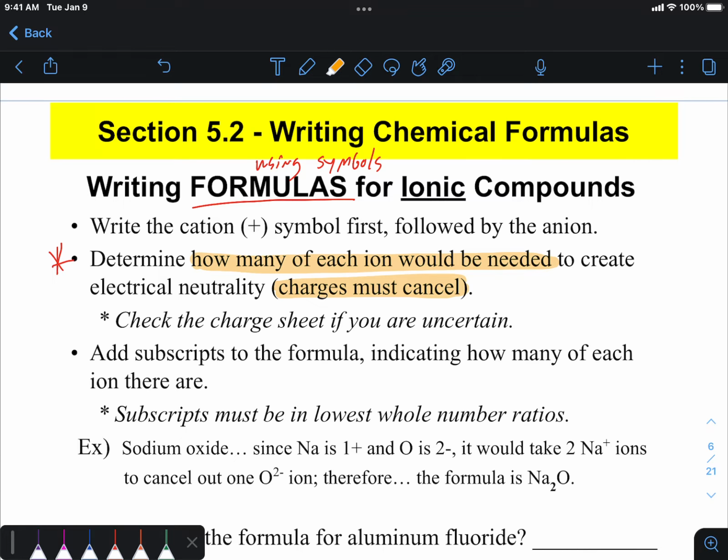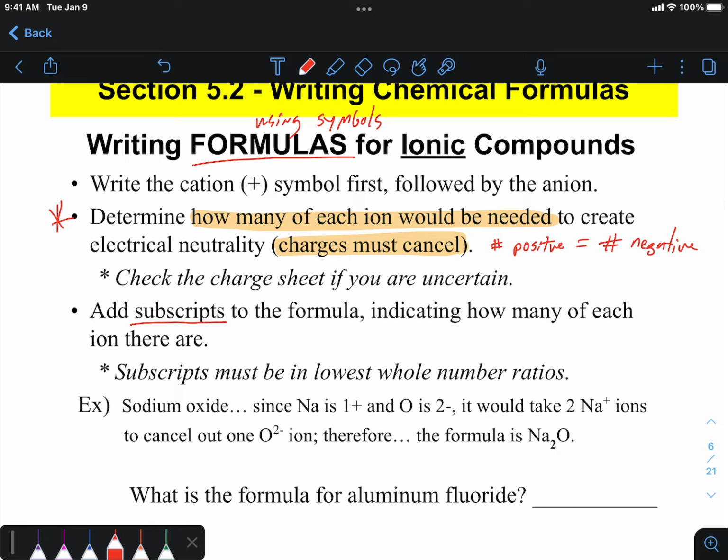And by charges, I mean the number of positives must equal the number of negatives, right? Compounds have to be neutral. So sometimes in order to make these cancel out, you need to multiply one or the other by some number, and that's going to be done by using subscripts.